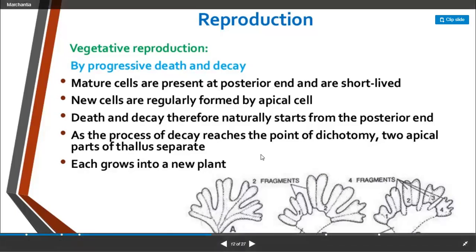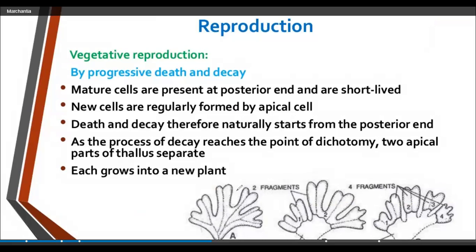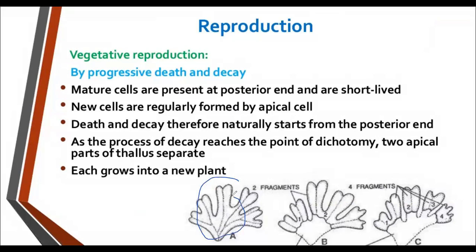When you consider the thallus of Marchantia, it is a two-dimensional structure, flat and dorsiventral in nature, and it undergoes dichotomous branching at the apical end, whereas the posterior end has the older cells. The thallus has an anterior end, which is the growing end, because it has notch-like structures, which help in the development of dichotomous branching.